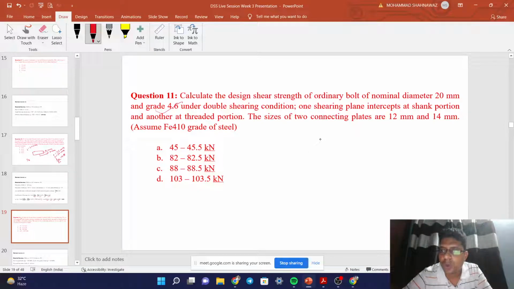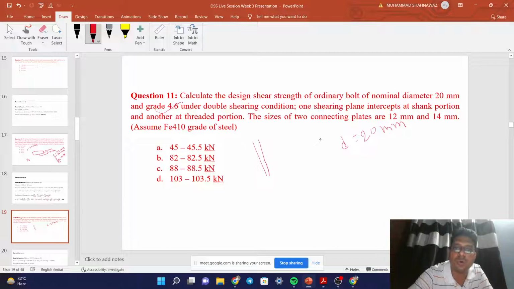So 20 is the diameter of bolt, D equal to 20, and it has been reported that under double shearing condition bolt is experiencing double shearing. Means let us suppose this is the bolt, so it has tendency to cut down from two planes, so it is in double shearing condition.